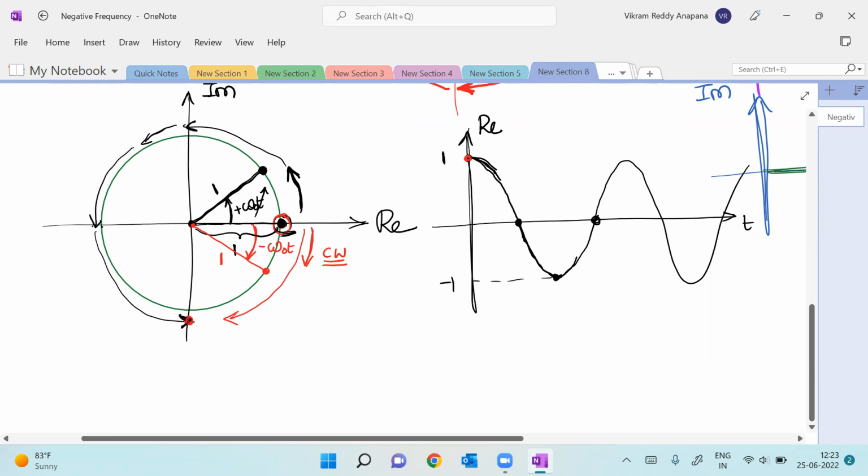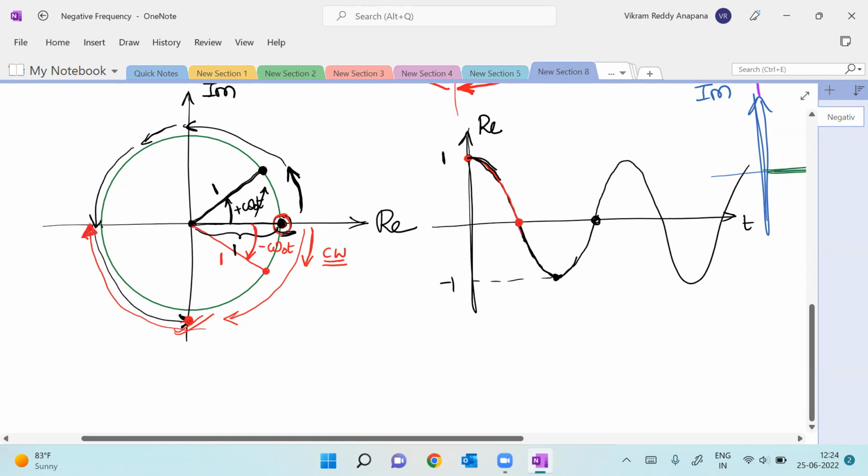And you touch this one now. Touching this means the real quantity is equal to 0. That means you are just moving along this black waveform, the red waveform is following, and this is 0. Again you move clockwise and you touch this, so this is -1.